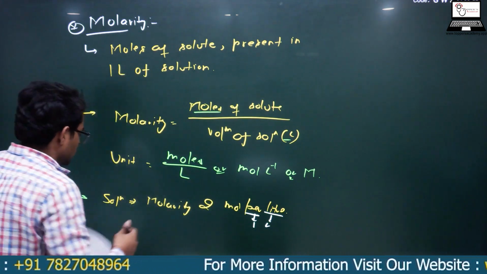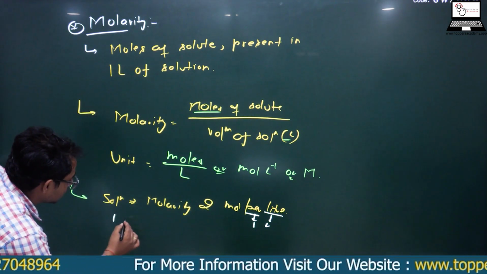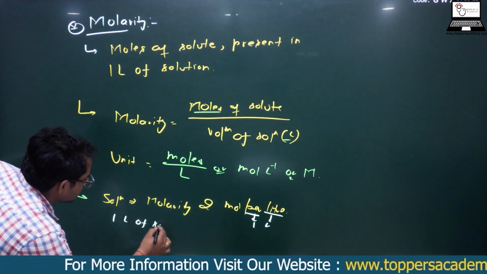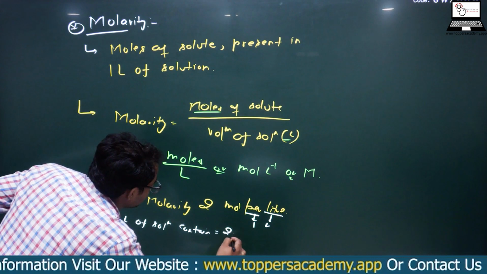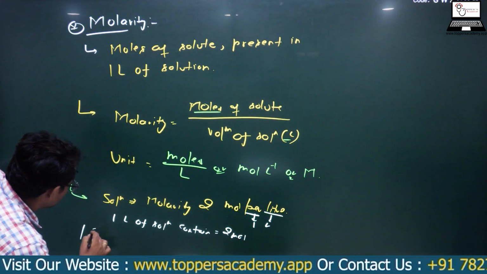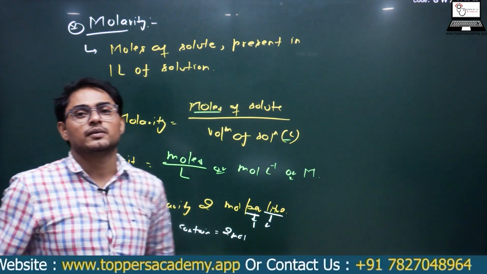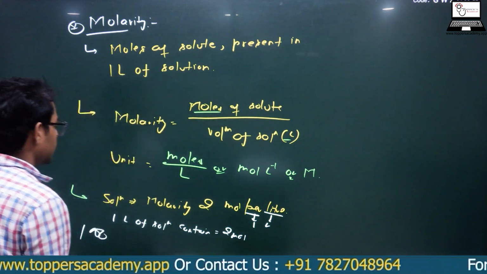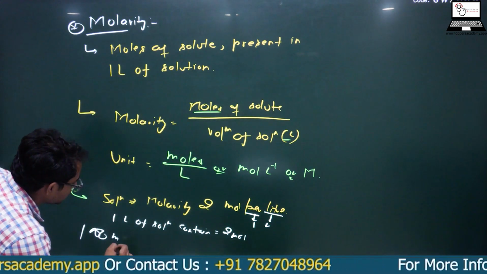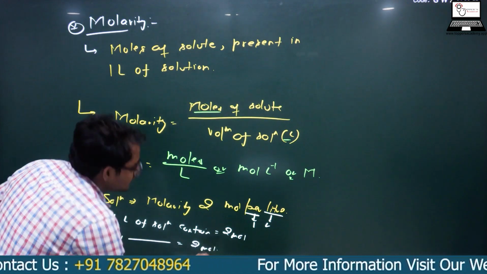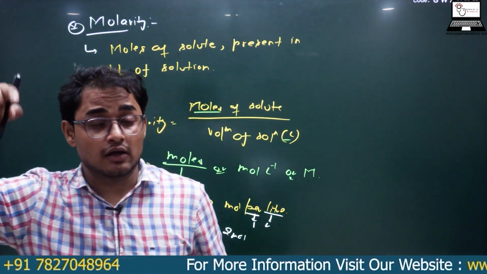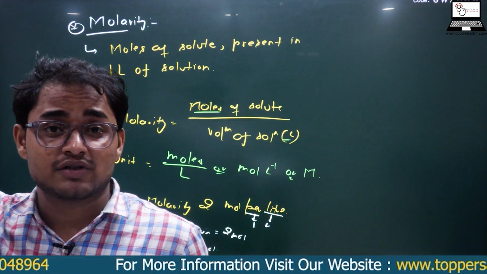So I can write that 1 liter of solution contains 2 moles, or, because 1 liter is equal to 1000 ml, I can say that 1000 ml of the solution contains 2 mole. My dear friends, ml is also known as cc or centimeter cube.